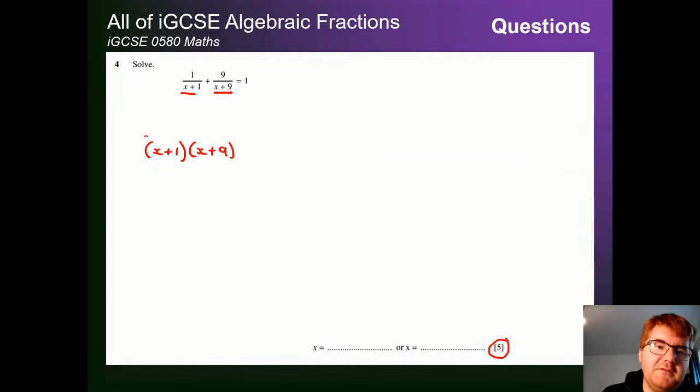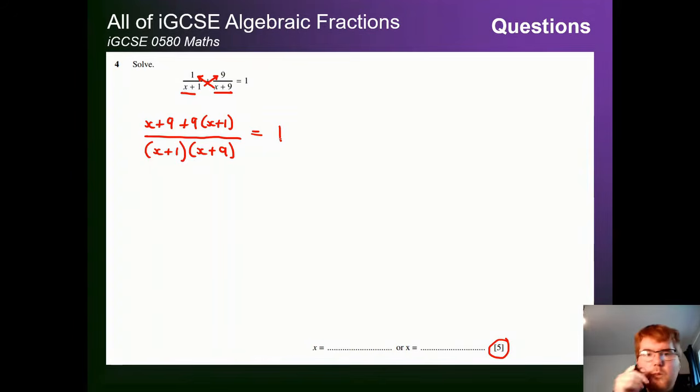So I can just write them next to each other, x plus 1 times x plus 9. The way that we work out the numerator, we do this cross-multiplying method here. So that gives us 1 times x plus 9 is just x plus 9. 9 times x plus 1, okay, 9 lots of x plus 1. And that's equal to 1 here.